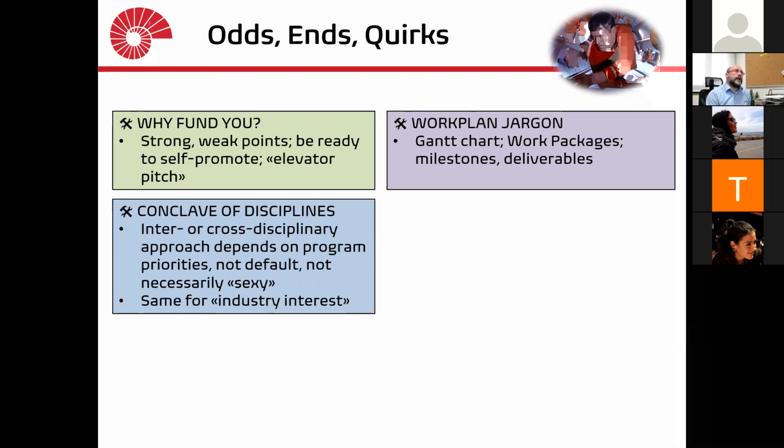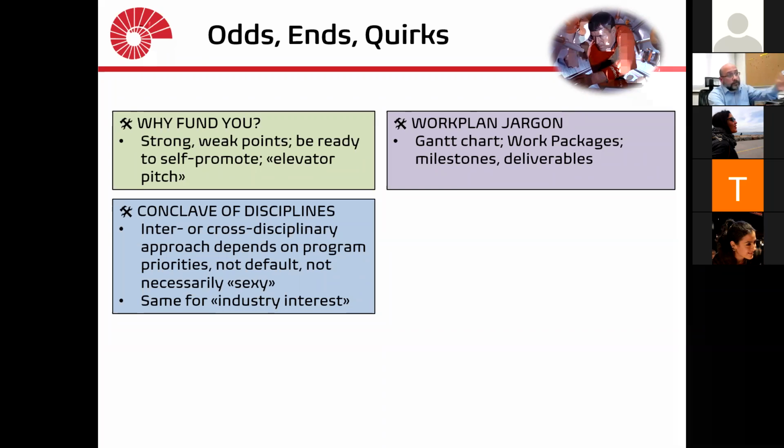If the kind of research idea that you want to develop requires collaboration with researchers from other disciplines, yeah, that's all right. But being interdisciplinary or cross-disciplinary is not a selling point in itself.